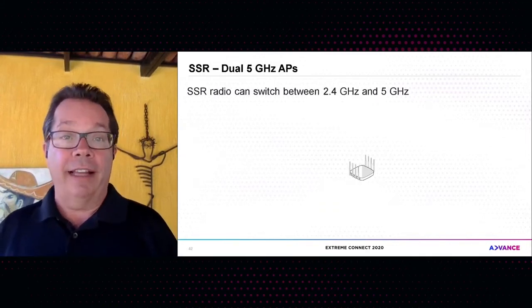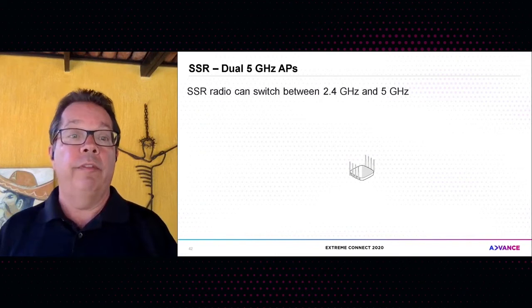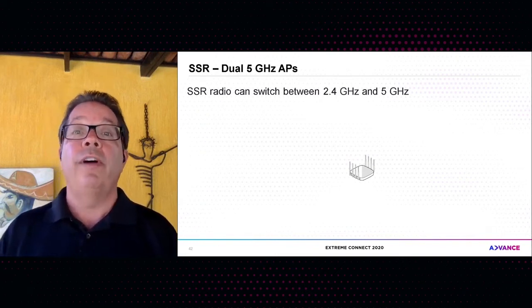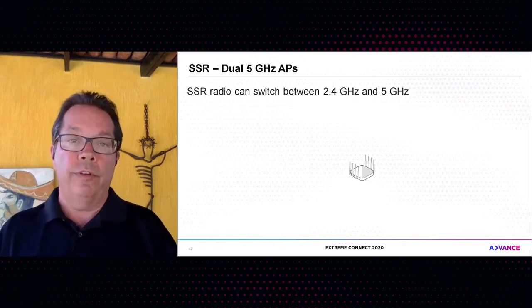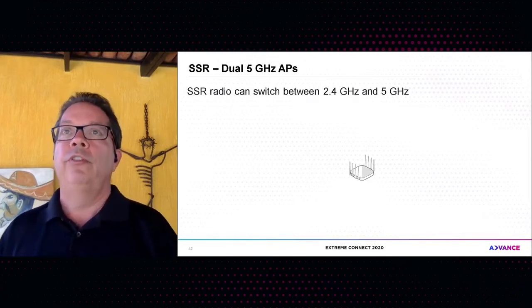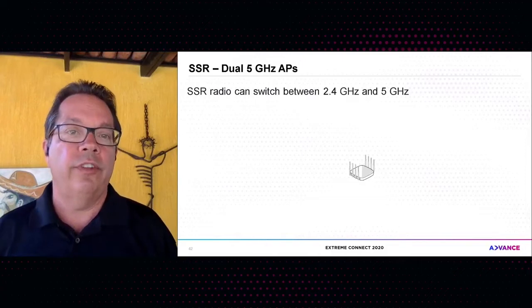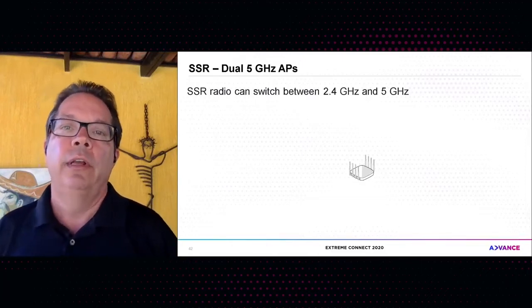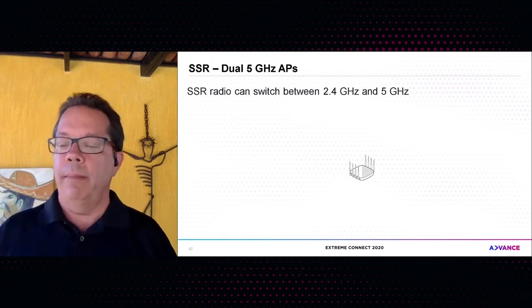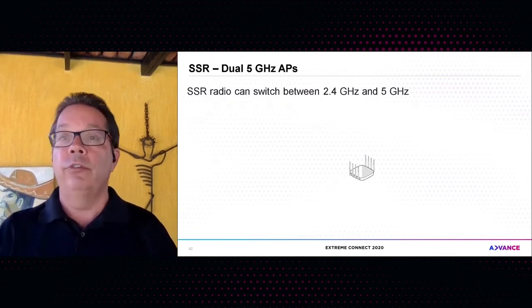Another way you might be able to attack this, and something that Extreme Networks has been very good at, is dual 5 gigahertz. Extreme's been doing dual 5 gigahertz for a long time, using what are called software selectable radios, or sometimes software definable radios. Let's talk about exactly what that means. Most APs are dual band right now.